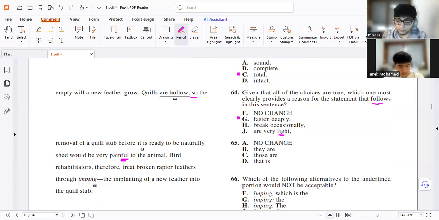What do you think? 65. I put A. 65A, correct.